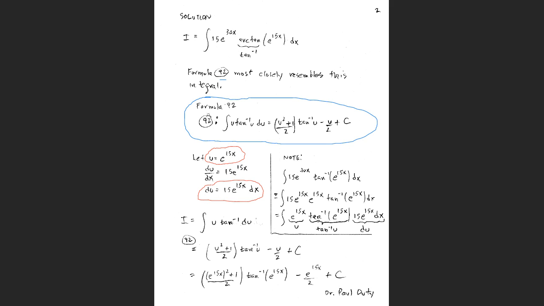And what I've done here on the right, this is our integral here, 15 times e to the 30x power times the arctangent of e to the 15x dx. The e to the 30x power, interestingly enough, I can express as e to the 15x power times e to the 15x power.